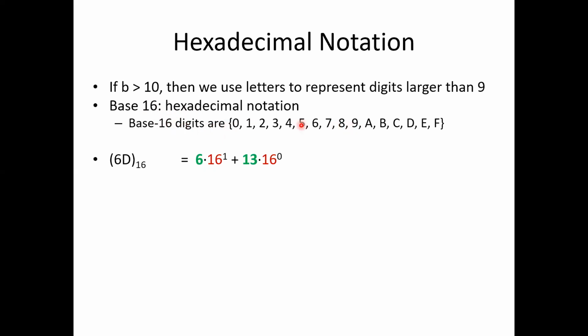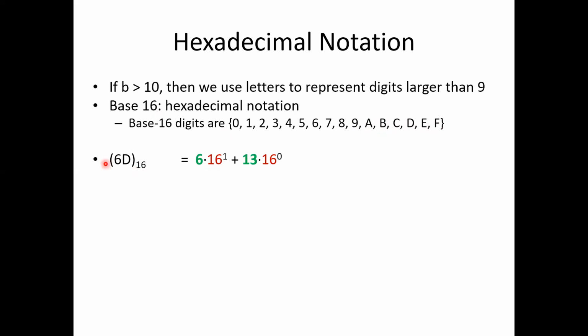So you have the first 10 digits like so, and then for the next 6 digits, well, we don't have Arabic digits, because the Arabic system is base 10. So we take alphanumeric characters, like A, B, C, D, E, F.